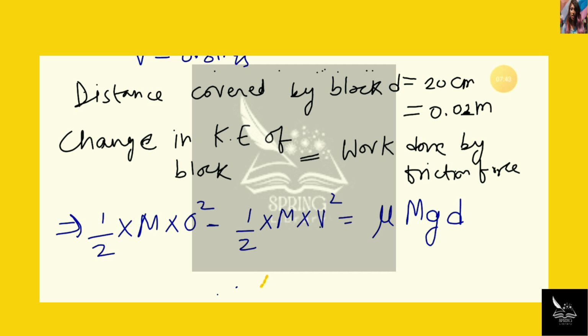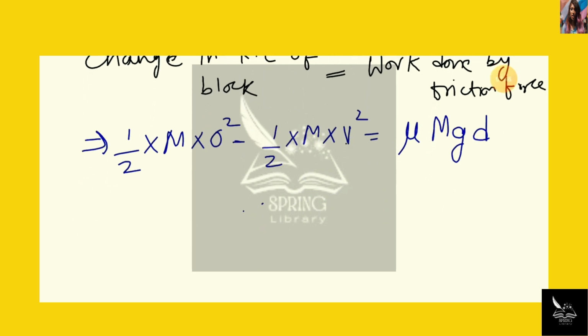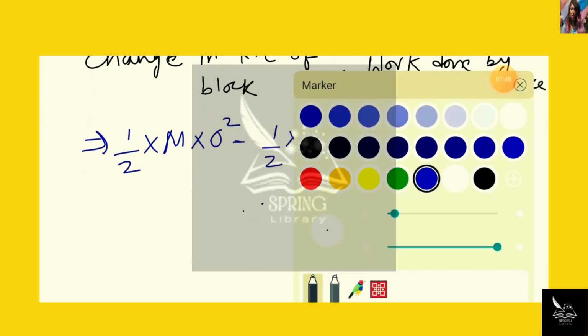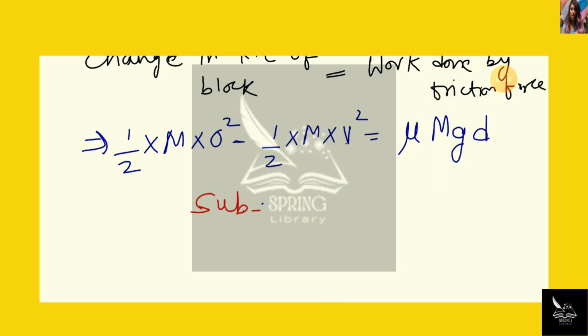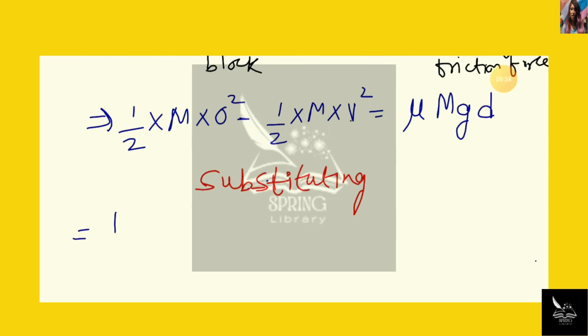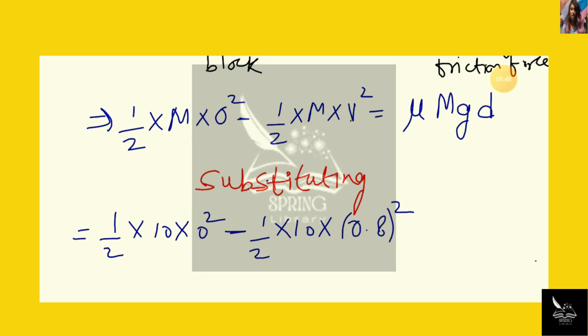So the next step is to substitute the data. After substituting, the result will be written as half multiplied by 10 multiplied by 0 squared minus half multiplied by 10 multiplied by v, which I got as 0.8, squared, is equal to mu multiplied by M that is 10 multiplied by g, that is gravity, and we know the value of the constant is 10 meter per second squared.